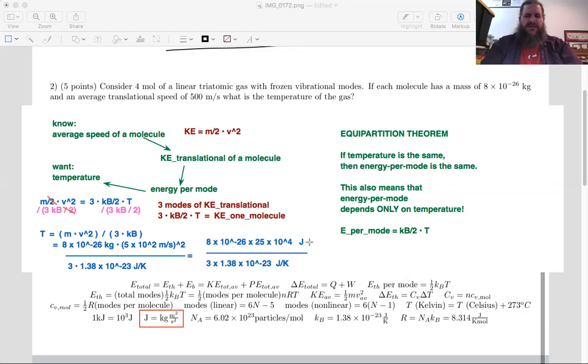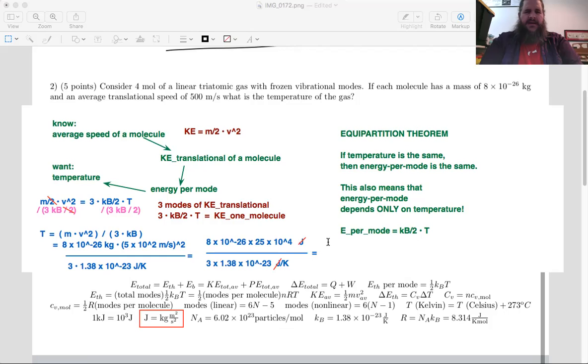Yeah, joules cancels out. And we're left with 1 over kelvins, which just flips and becomes kelvins. So we end up with units of kelvins, which is what we should expect because we're talking about a temperature. And let's see what that looks like in the end.